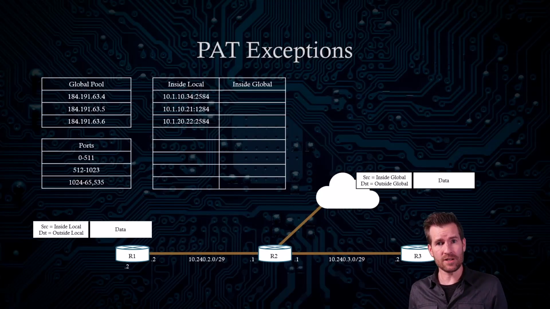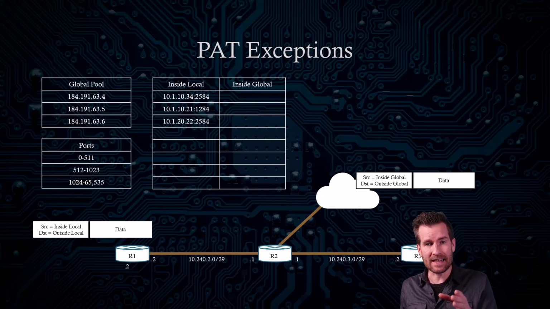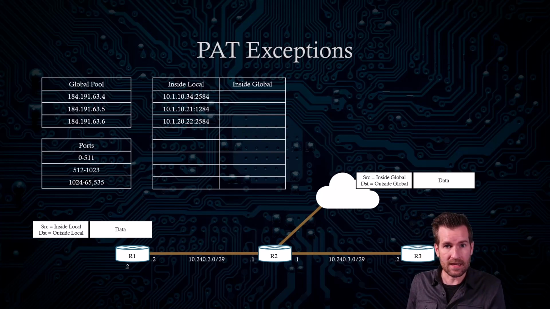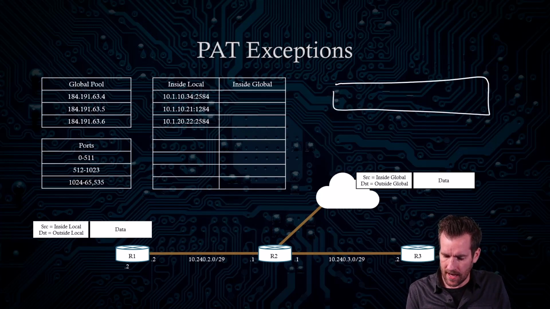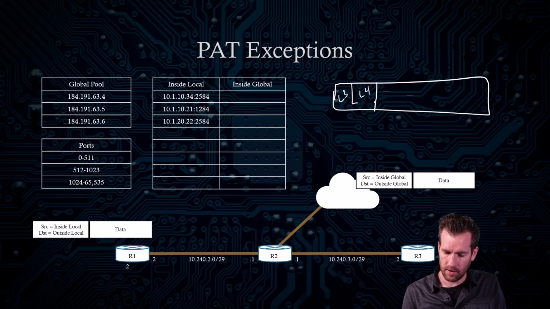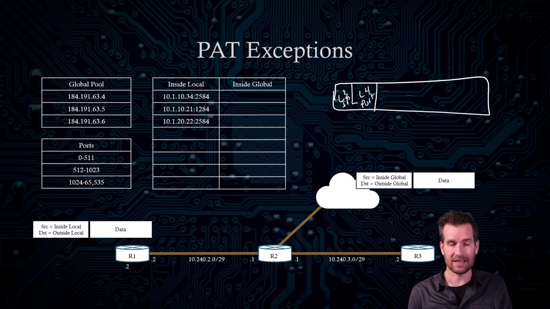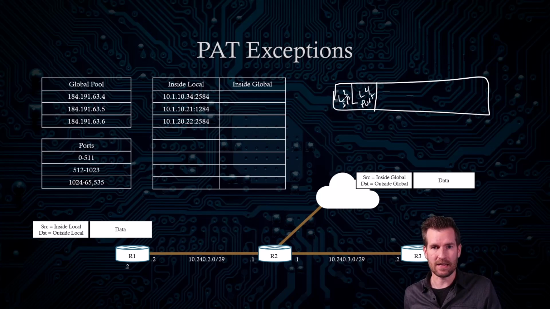With port address translation, what's being translated can be found in both the layer 3 and the layer 4 header. So if we've got a packet that's being sent, we've got this layer 3 header and this layer 4 header right here. The port is found in the layer 4, the IP is found in the layer 3, and so that's what's being translated.